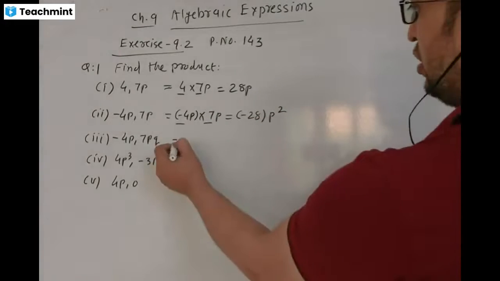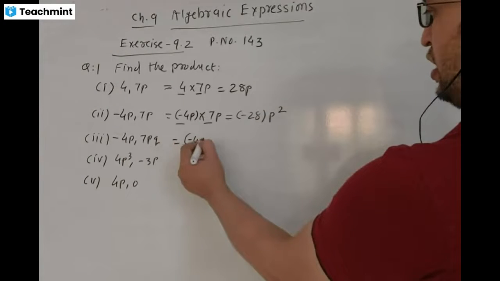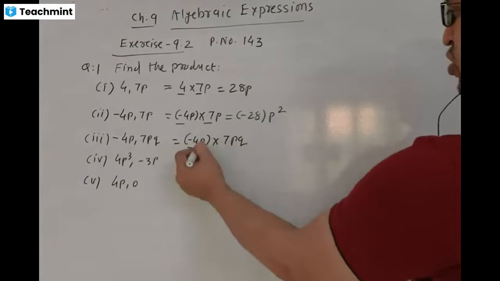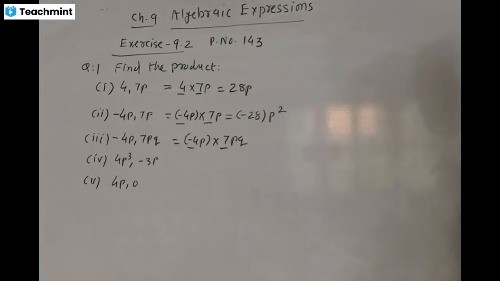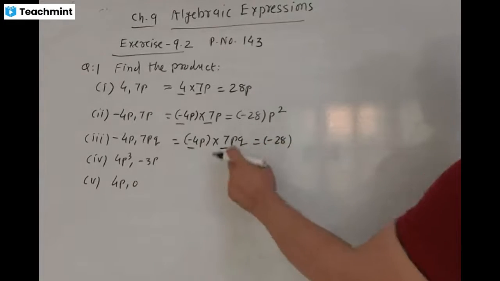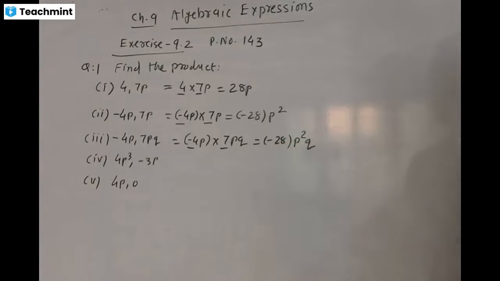Similarly, third one, negative 4p multiply with 7p cube, monomial terms with monomial terms. First we multiply the constant terms, 4 7s are 28, minus 28, p into p, p square, q, that is the final answer.